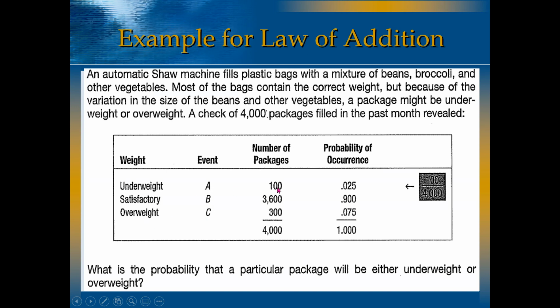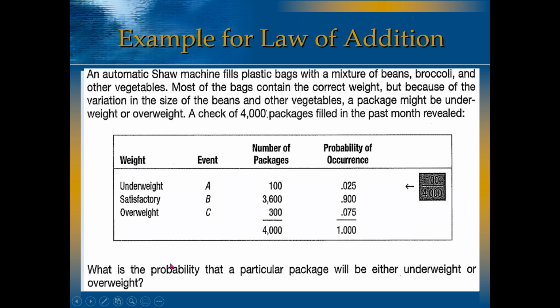With this data, we can easily calculate the probability of being underweight as 100 divided by 4000, because that's the total sample size. Similarly, the probability of satisfactory weight is 3600 divided by 4000, and the probability of overweight is 300 divided by 4000.